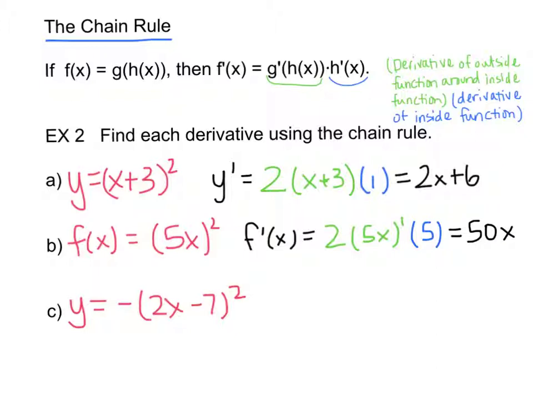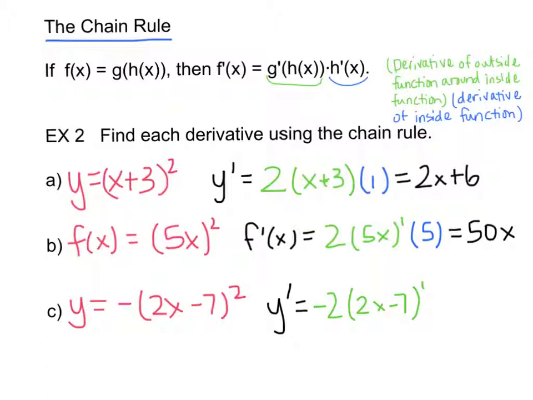Okay, another one, y prime. I'm going to take the derivative of my outside function. So this time when I bring my 2 out front, it becomes a negative 2 because of that negative that was already there, times my inside function, and then reduce my power by 1.